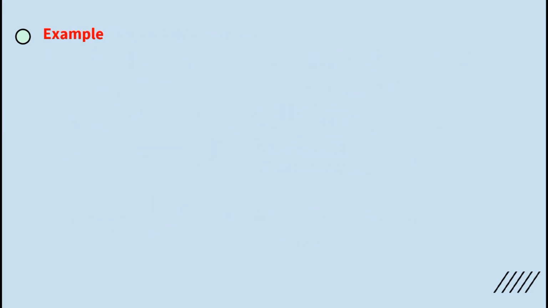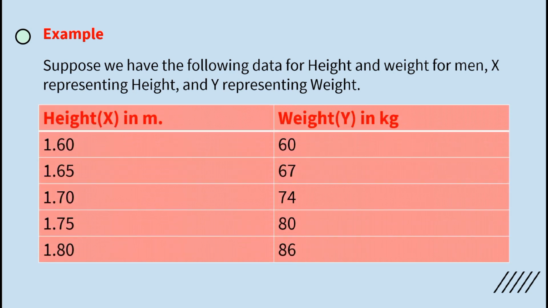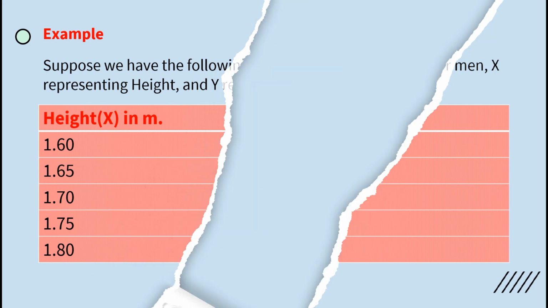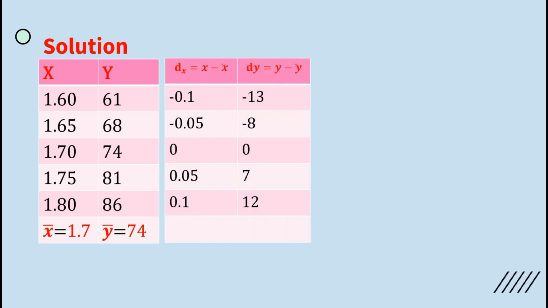For example, suppose we have the following data for height and weight for men, x representing height and y representing weight, and we want to find the correlation between them. To find the solution, first we calculate the mean of x by summing the values of x and dividing by the number of terms of x to get x bar, and same for y to get y bar, so that we can find dx and dy, which is the difference of x and y values with their mean.